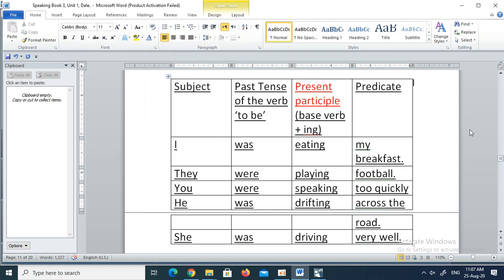Okay, so we can say I was eating my breakfast, they were playing football, he was drifting across the road, she was driving very well.